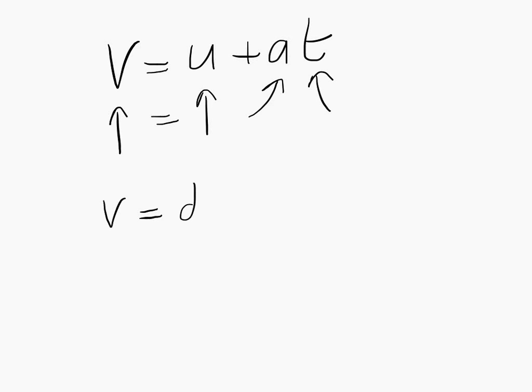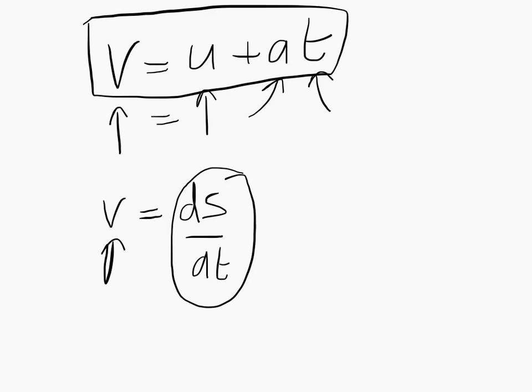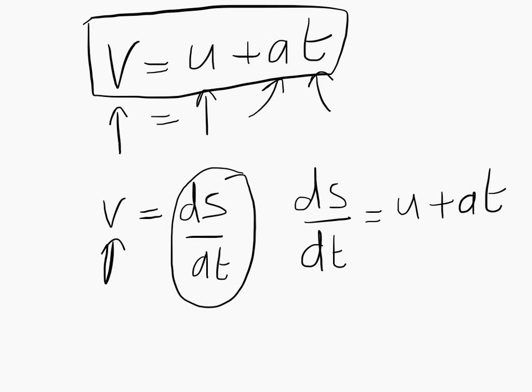And v is just ds by dt, where this is the rate of change of displacement. So this term here is the rate of change of displacement, which equals velocity. That means we can rewrite this equation like this: ds by dt equals u plus at.